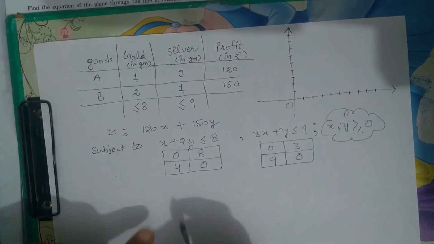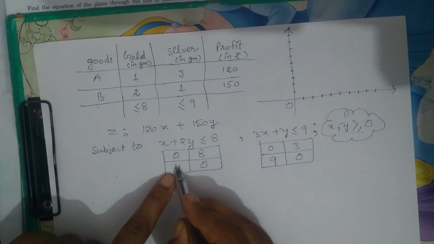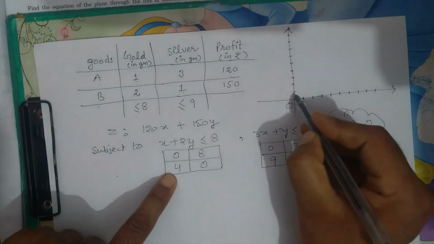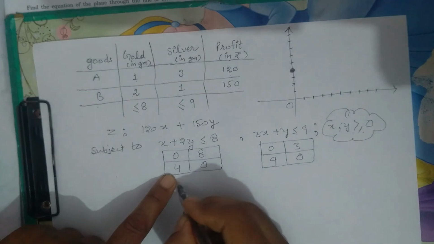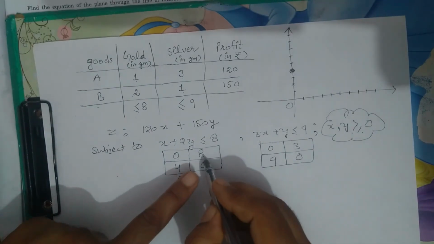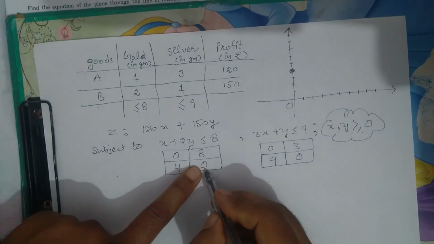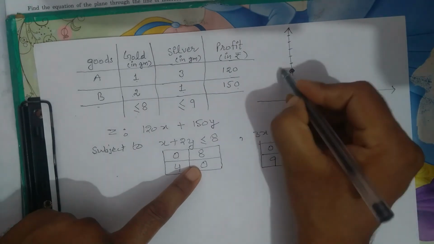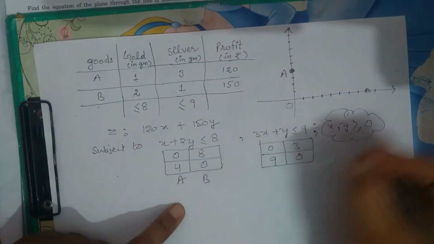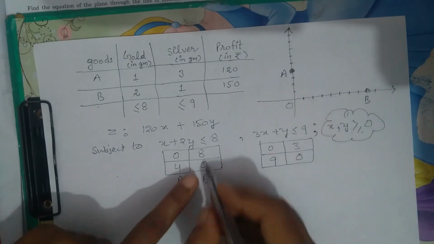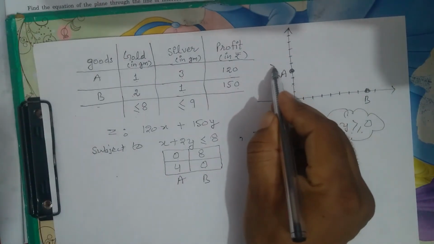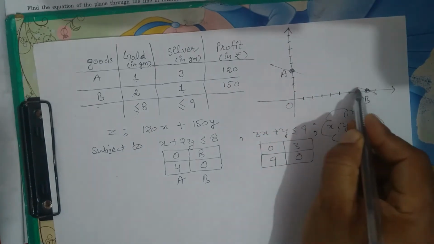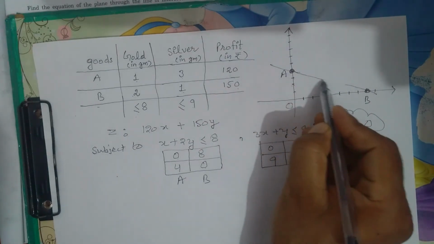Origin O. Here the first point is A: x is 0, y is 4. The second point is x is 8, y is 0, so this is the B point. Now joining these 2 points, we get the line.